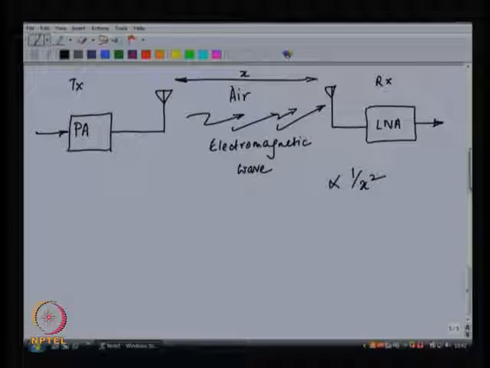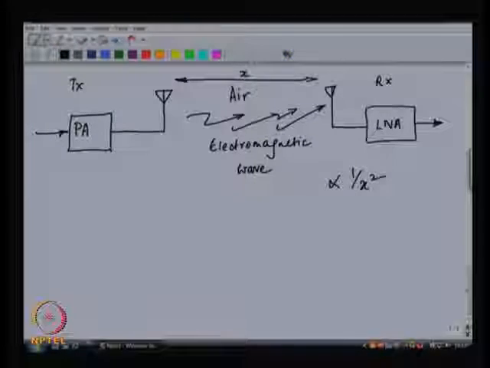The antenna has some directivity. So, we are not going to talk about the antenna in this course, but even then the antenna has some directivity, and we typically treat this as something called an antenna gain. The antenna also has some area. The larger the area of the antenna, the more signal it can receive naturally.